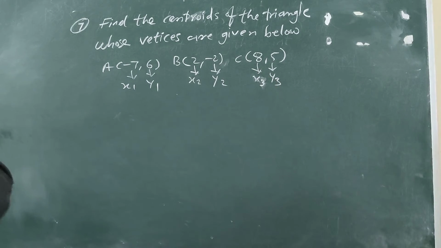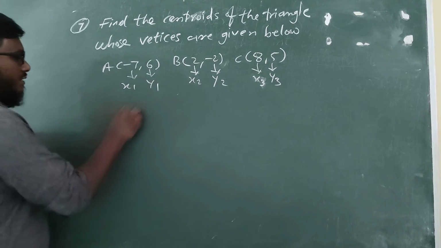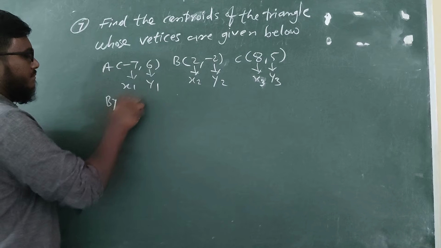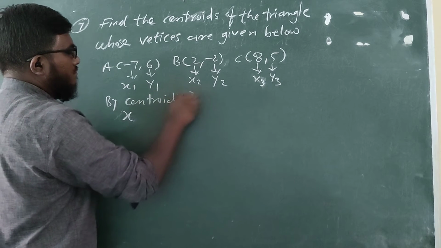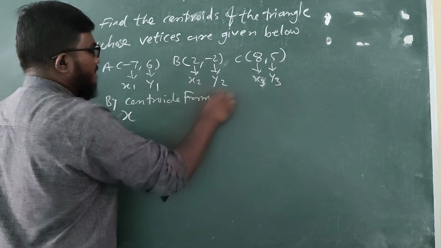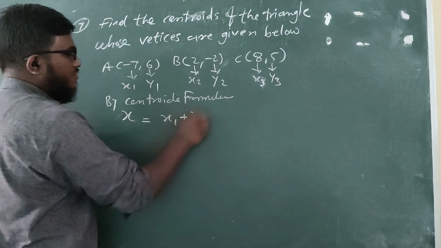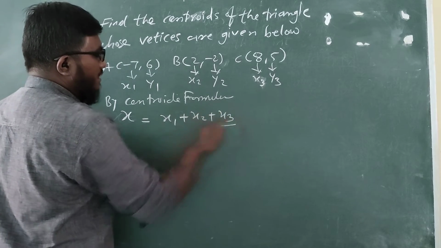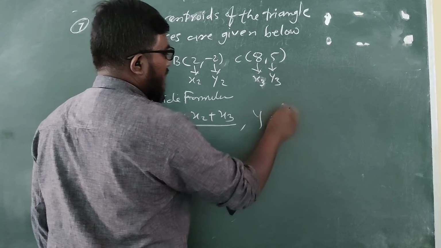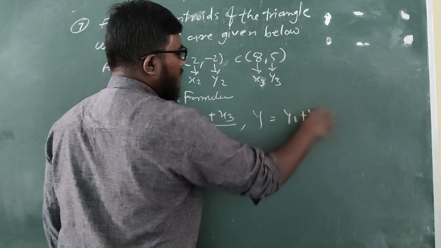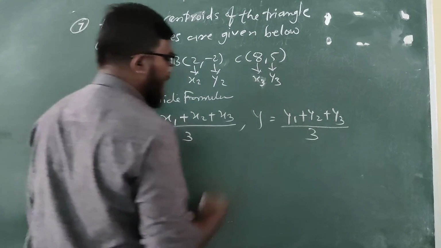Similarly, we have to write the formula that is called the centroid formula. By centroid formula, we have to write x is equal to x1 plus x2 plus x3 divided by 3, and for y, y1 plus y2 plus y3 divided by 3.